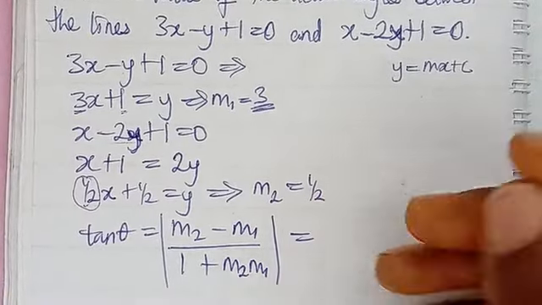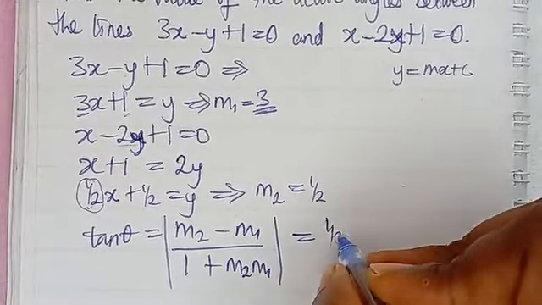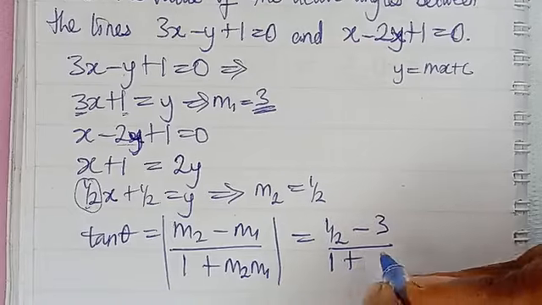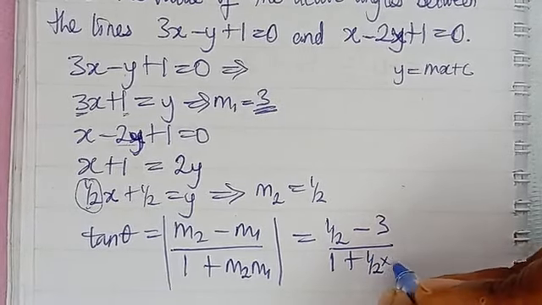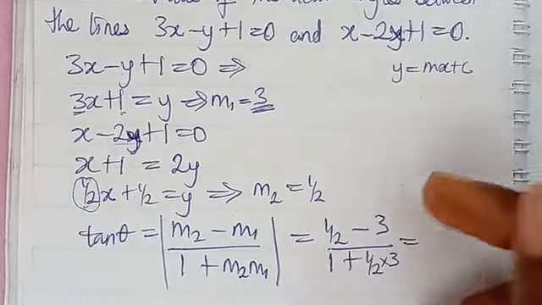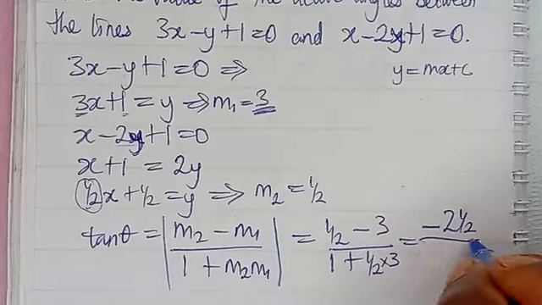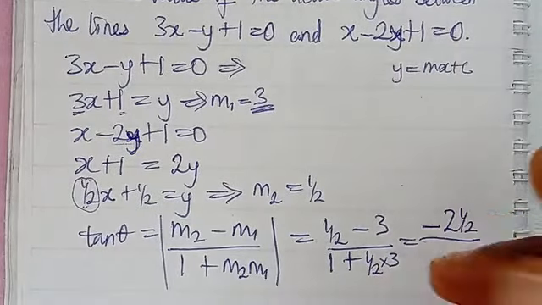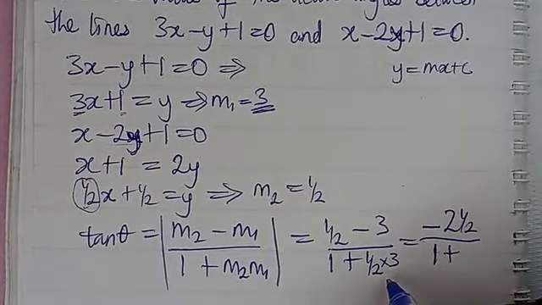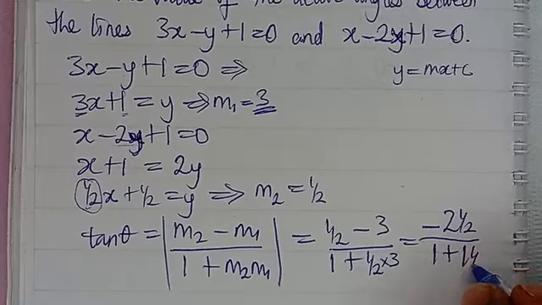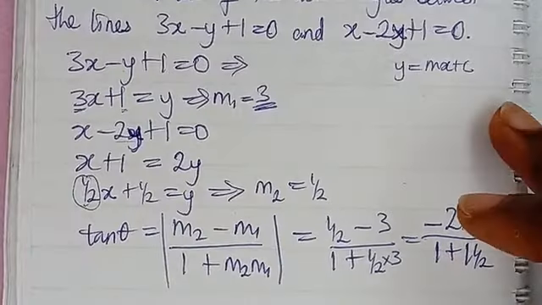Now let's substitute. We have that m2 is half, minus m1 which is 3. Half minus 3 is minus 2 and a half. And then 1 plus half times 3, that is half of 3, is 1 and a half.